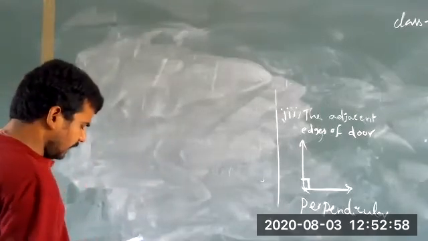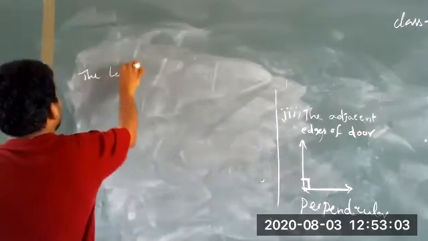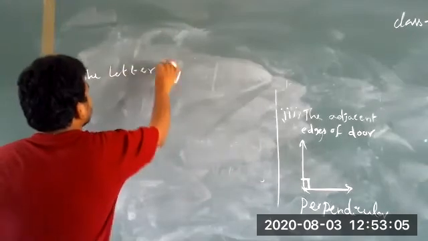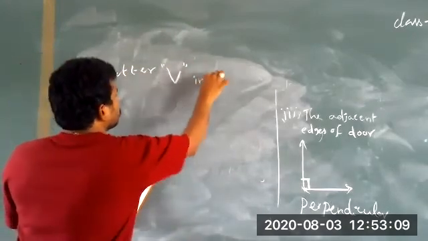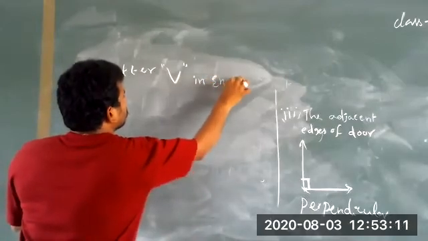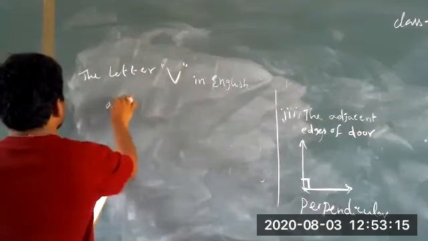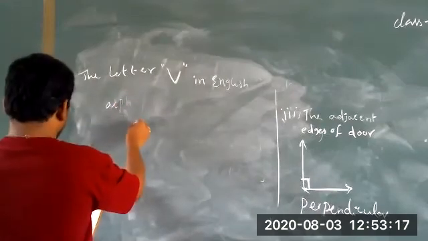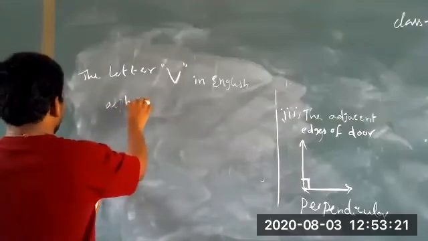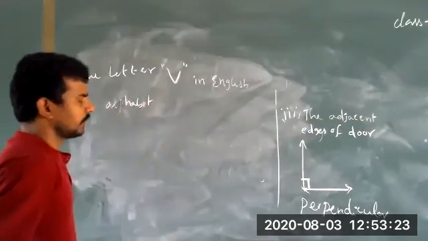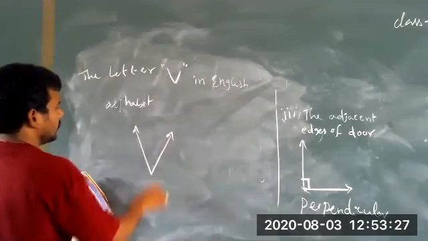The letter B in the English alphabet. Take the letter B. This is one line, and this is one more line.